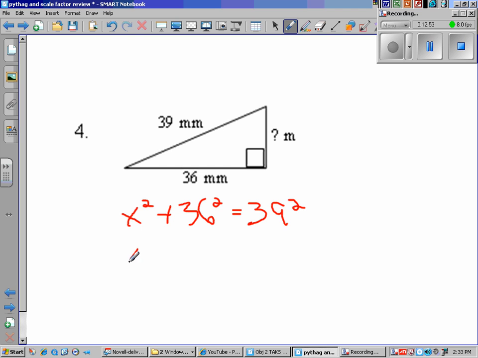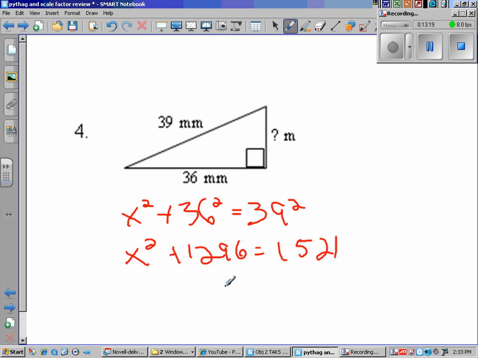I've got x squared and 36 squared is 1,296 equals 39 squared, which is 1,521.